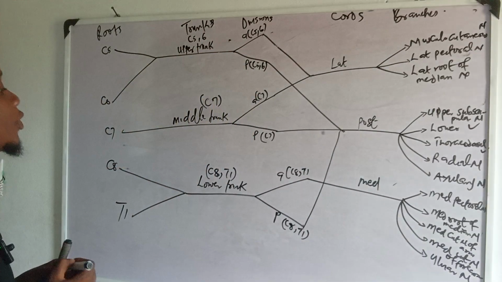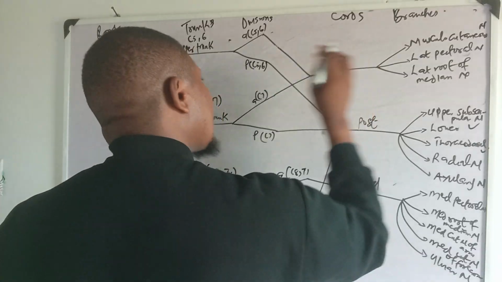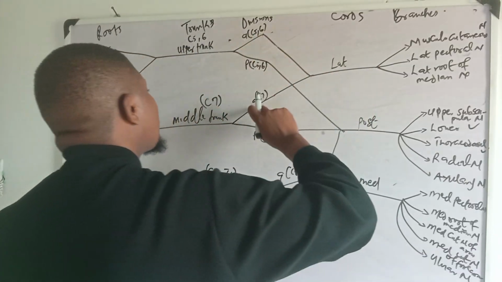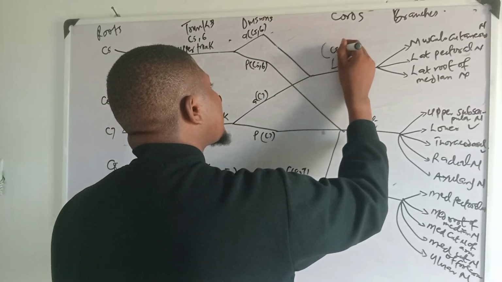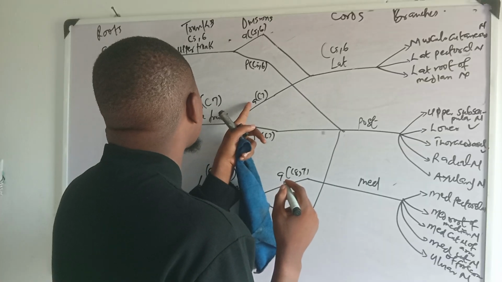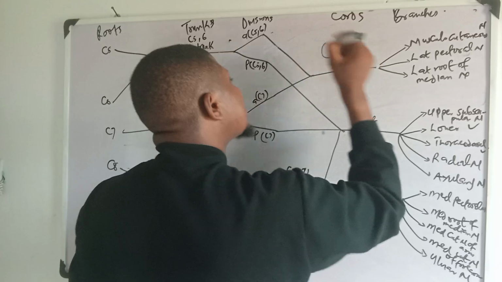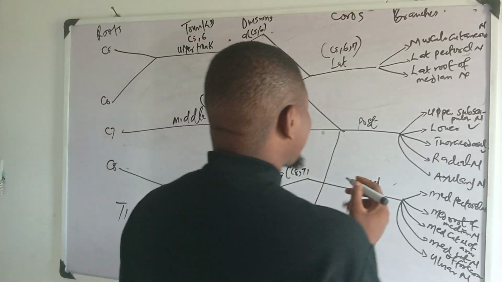Okay, so let's now ask ourselves, what forms the lateral cord? Is it not the anterior division of the upper and the anterior division of the middle trunk? What is the nerve root of the anterior of upper? C5, C6. And the nerve root of the anterior of middle? It's C7. So the nerve root of the lateral cord is C5 to C7.